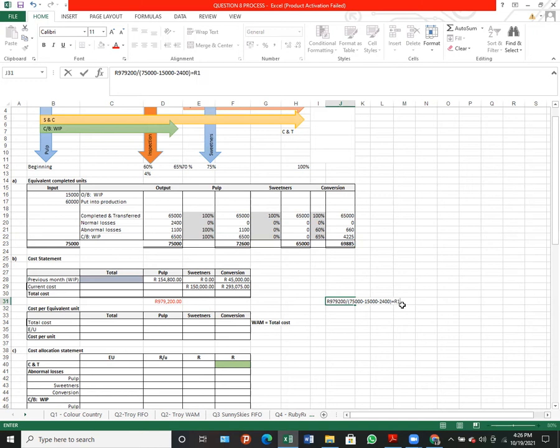You can do this in your calculation. Use your calculator, guys, to confirm whether we are getting the same thing. And then here, guys, I'm going to take these units times 17 rand.